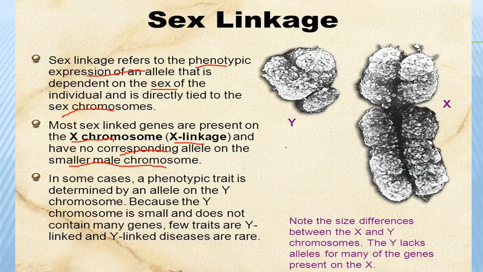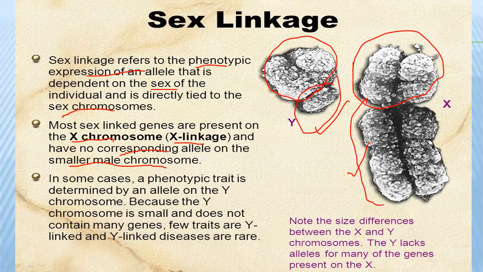Here you can see the Y chromosome and the X chromosome. This is the homologous region of the X chromosome and this is the non-homologous region. Mostly these are equal, but in this area the genes are different.